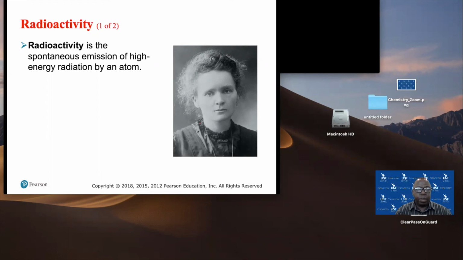In order to determine the position or the location of protons in an atom, Ernest Rutherford used alpha radiation to bombard the atoms of gold, and he came up with what we call the nuclear model of an atom.